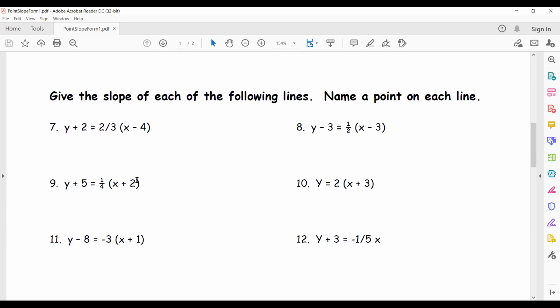If you look at number 9, the original ordered pair was -2, -5. Because that's actually -2 and -5.